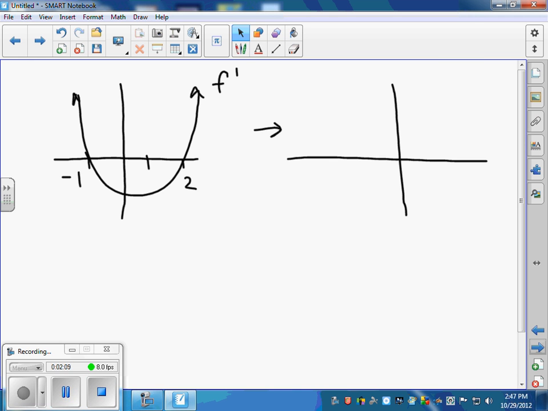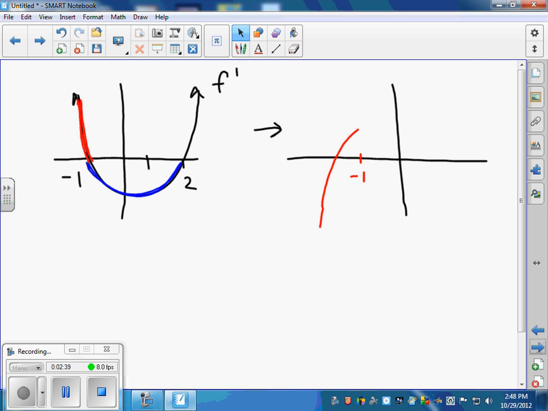Now this time, we have the derivative, so we know that everything from here has a derivative that's positive, which means your original function had to be increasing till it got to -1. So my graph's going to be coming up till it gets to -1, something, and right now I can't find out what that is. Then the derivative turns negative from -1 to 2. So that means it's got to be decreasing.